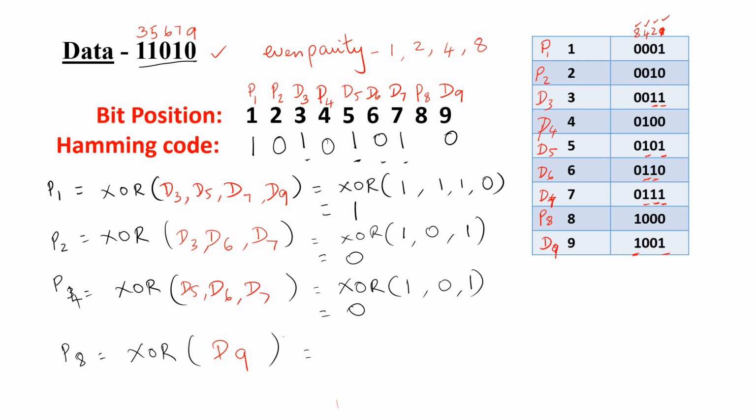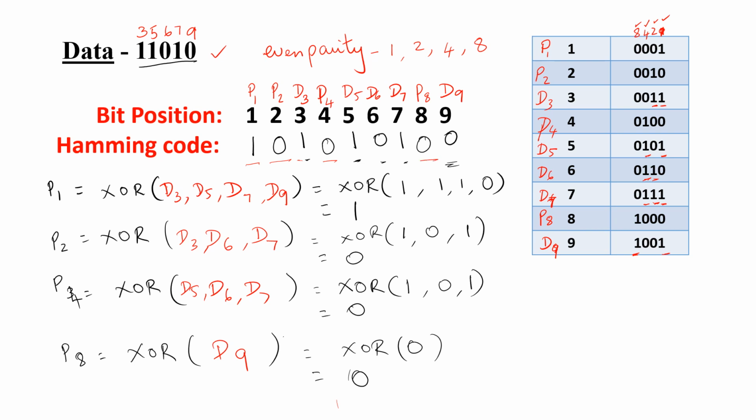So XOR of D9, which is 0, is equal to 0. So even number of ones, so put 0 here. So these are the parity bits, and the others are data bits.